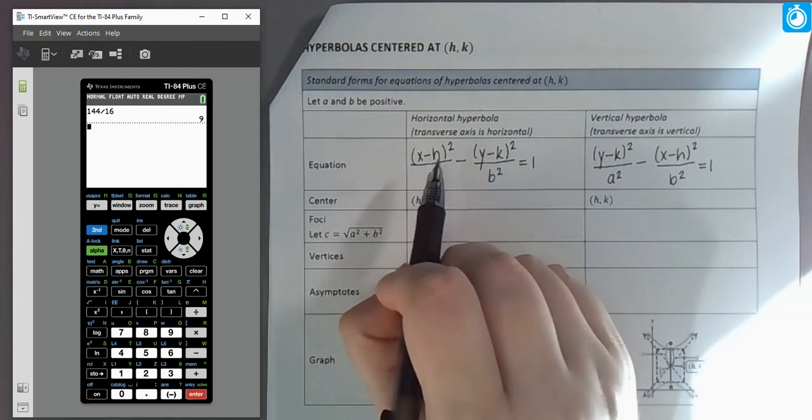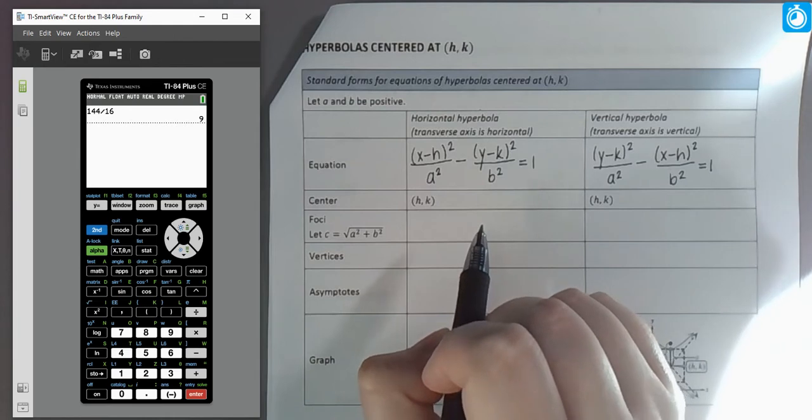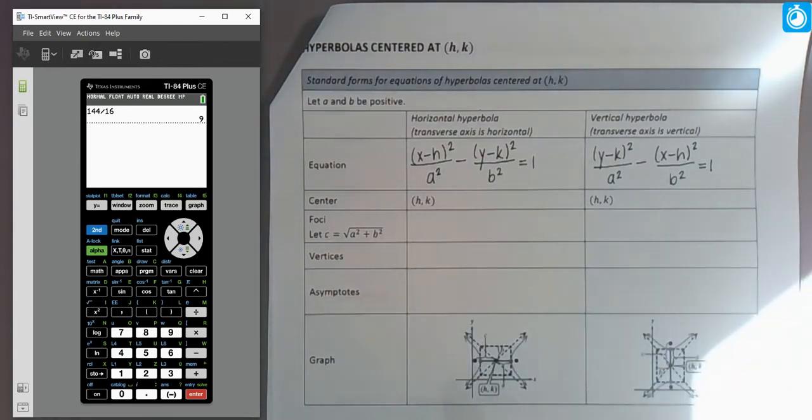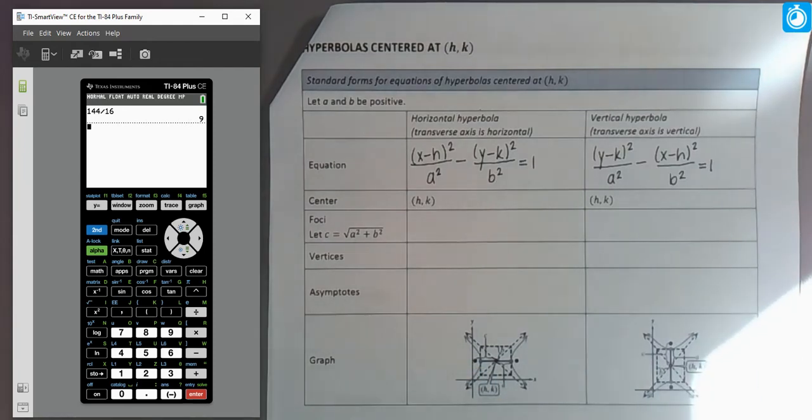Since the subtraction is part of the standard form, addition is subtraction of a negative value, which means we'll have coordinates that are negative. Now past that, the focus is still defined in the same way in terms of C, but now we're distributing away from a new center, not 0, 0, but h comma k.